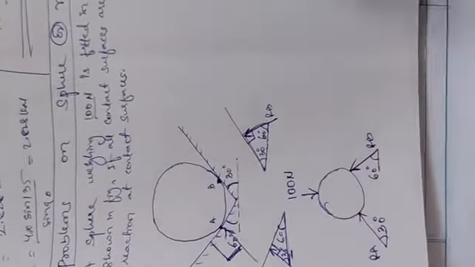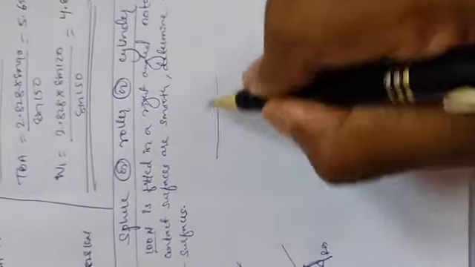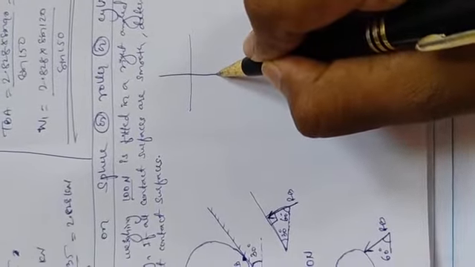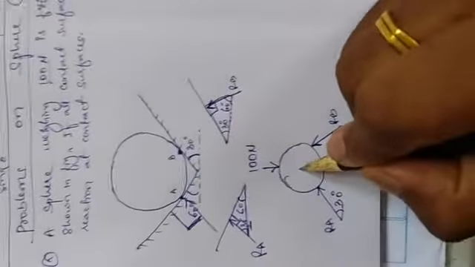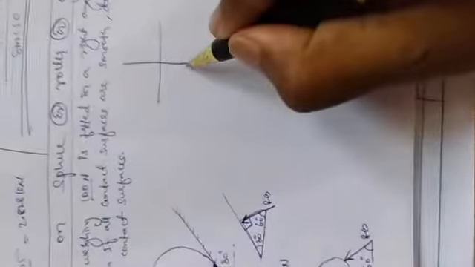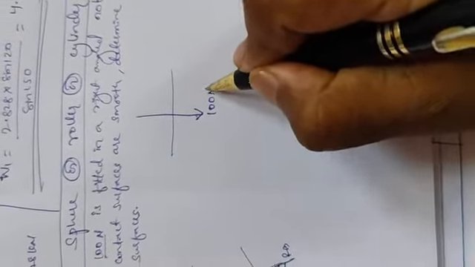Now let us try to apply Lami's theorem. By this diagram we can apply Lami's theorem. So I will simplify further. I will draw a plus mark and show the forces as they are acting. Here, this is the CG of the circle. When this force passes through CG, it has to be shown downwards, which is 100 Newton.